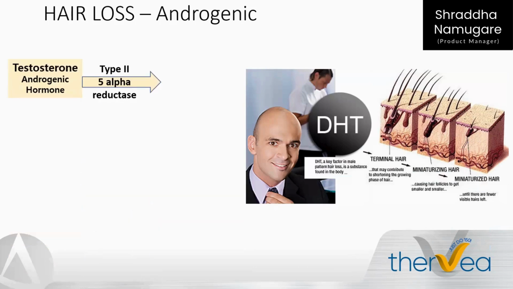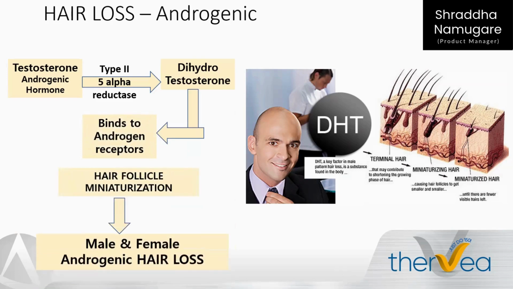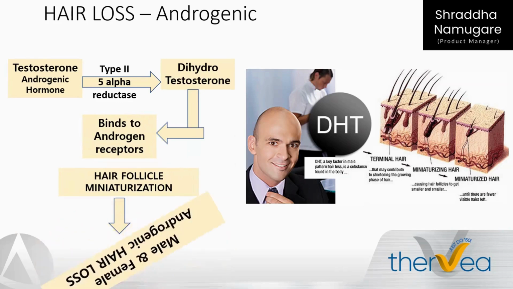Testosterone gets converted into DHT with the help of 5-alpha reductase. That is how hair miniaturization takes place, and male and female pattern alopecia start.